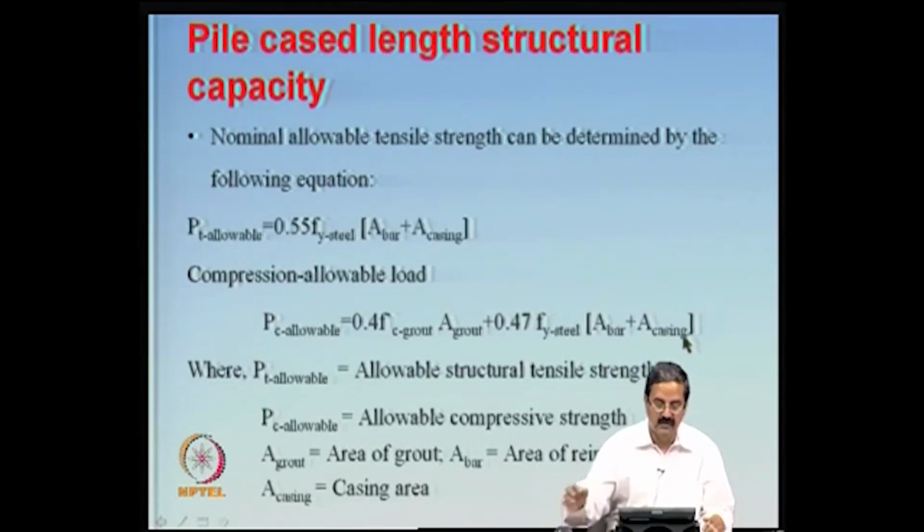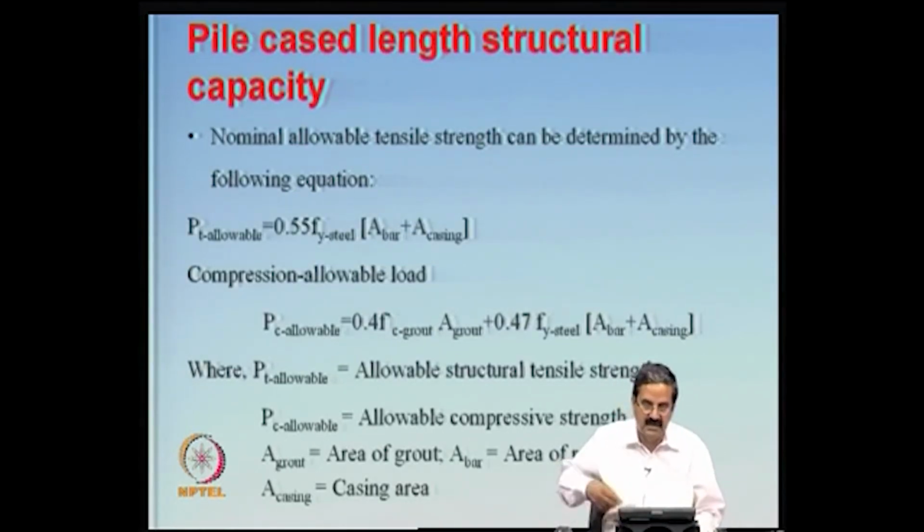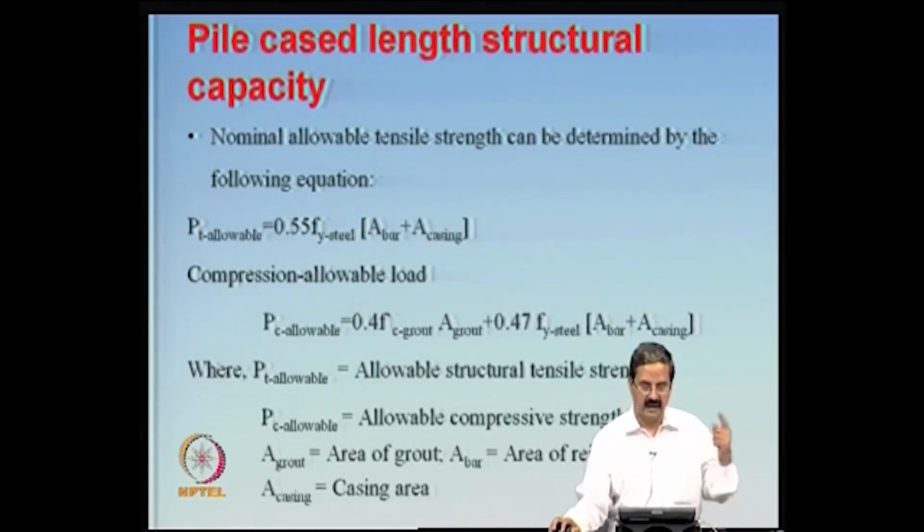So this is a simple expression for the compressive load one can take. The earlier one is the allowable tensile capacity, because you are using the term 0.55. In compression we have factors like 0.4 and 0.47 with the corresponding areas of grout and steel. So, total compression, because the micropile consists of the central rod, the casing and the grout. For all three things you should have this.